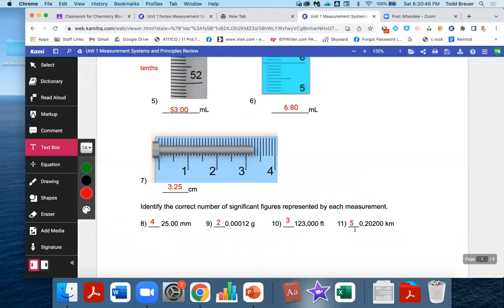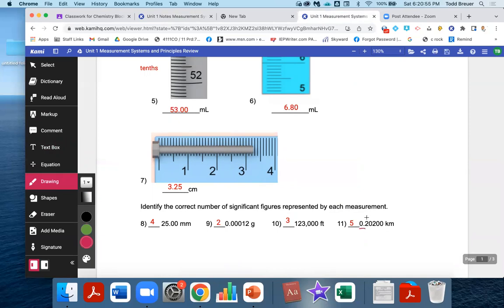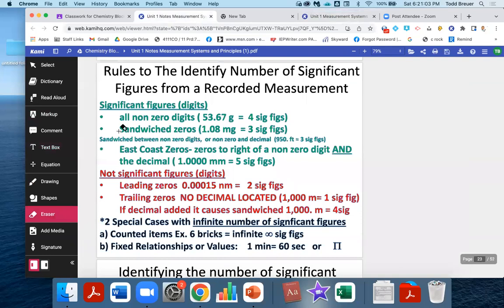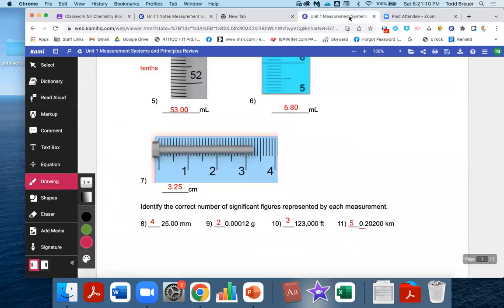3 significant figures. If we look at number 11, we got a series of rules. In number 11, we got a leading zero, doesn't count. We got a 2, which counts as significant. We got a 0 between the 2 2s. Well, that's a special kind of zero called a sandwich zero. Look, it says sandwich zeros. They're significant. It's sandwiched between 2 non-zero digits.